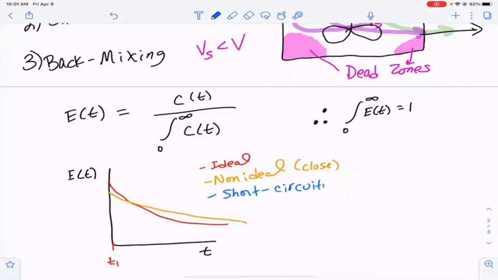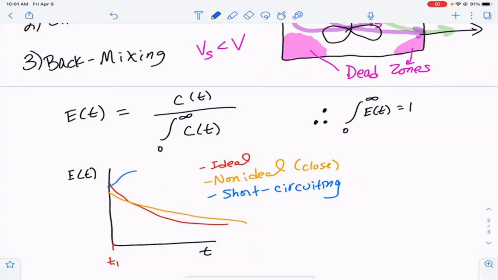What would that mean? Well, that would actually mean that if we're measuring the concentration of, let's say, a tracer or our reactant, well, if you had short circuiting, you would have a bunch of it that would not react. So it would be really arbitrarily high at the beginning. So you might actually see something where like it comes up and then crashes eventually, right?